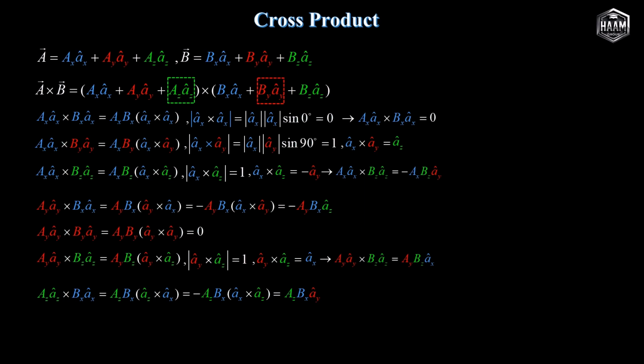For the product of the third component with the second, a sub z a hat sub z cross b sub y a hat sub y equals a sub z b sub y a hat sub z cross a hat sub y.